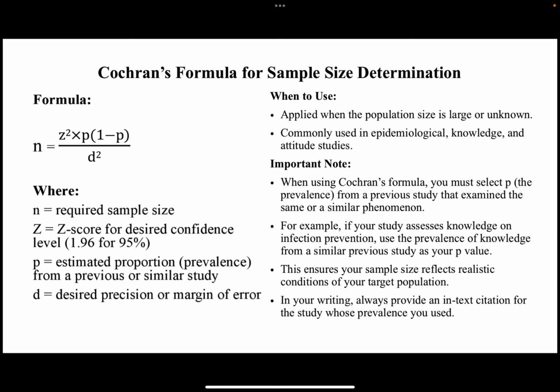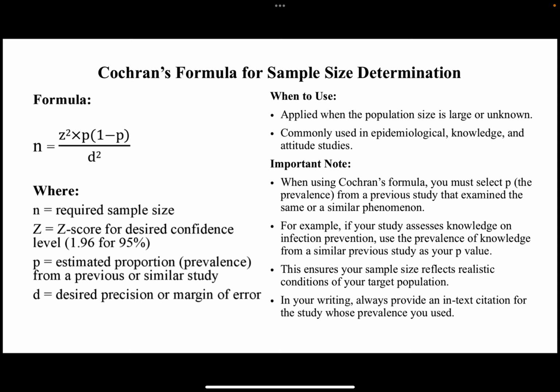Now you have to go and look for a previous study that also measured the knowledge of nurses on infection prevention. The study necessarily shouldn't be done in the country or the setting where you want to do your own. It can be a study done anywhere, in a different setting.